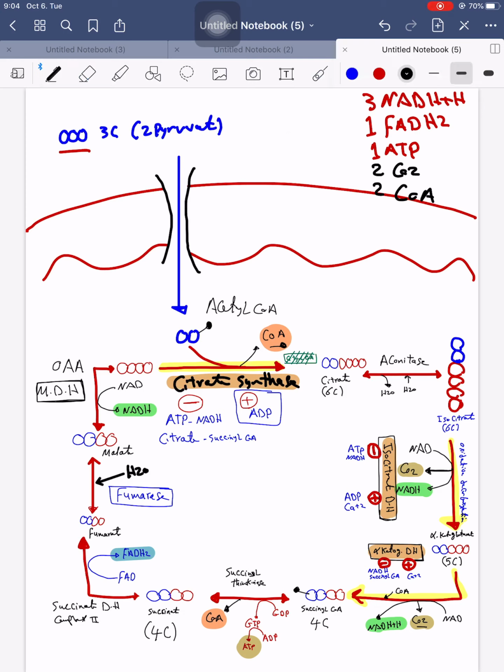The 3 will become 6, and 2, 2, 4, 4. So we can say 6 NADH, 2 FADH2, 2 ATP, 4 CO2, and 4 coenzyme A. This is the total production from 2 molecules of pyruvate. So here are the things produced from the citric acid cycle.